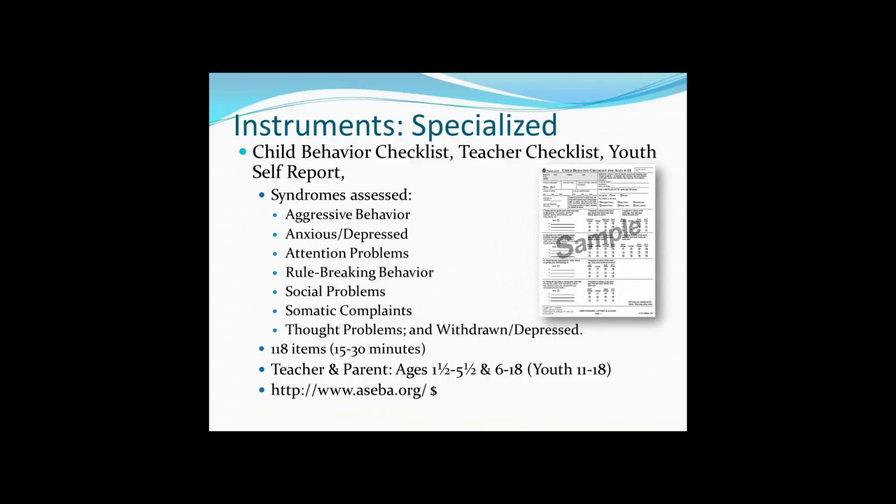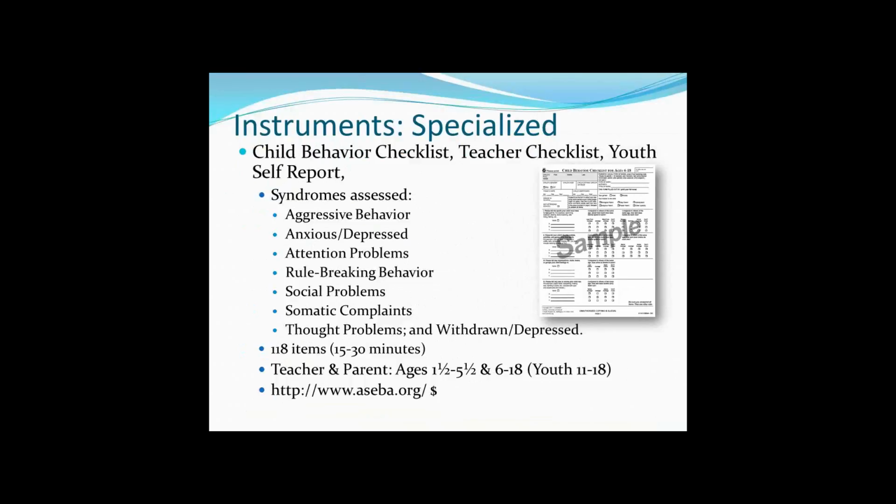You'll see this more with older adolescents. And again, whether or not they're also looking at things like being withdrawn or depressed. So for a teacher and parent, it can be administered all the way down to age 1.5. Youth can self-report from 11 to 18.